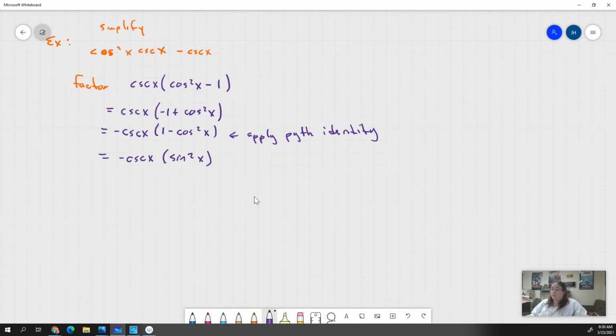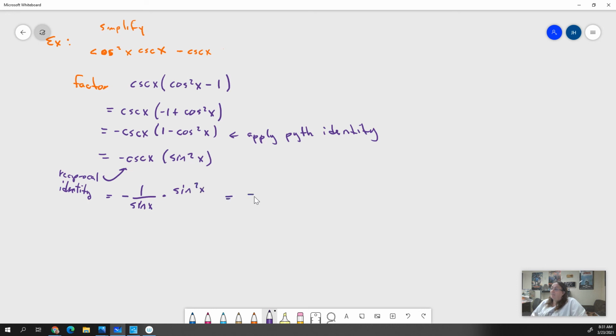Well, we're getting close. I know from the reciprocal identity, here I can use the reciprocal identity to say that this is minus 1 over sine of x, and I'm multiplying that times sine squared of x.